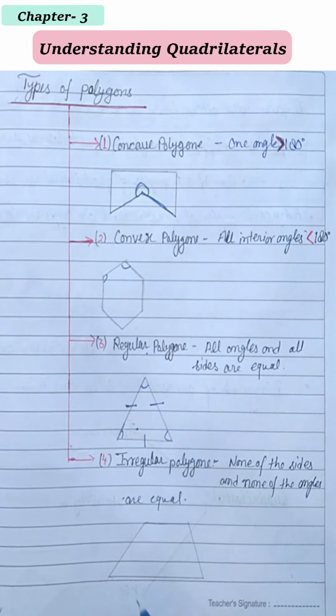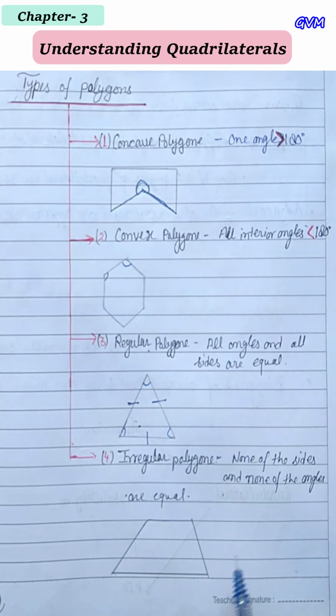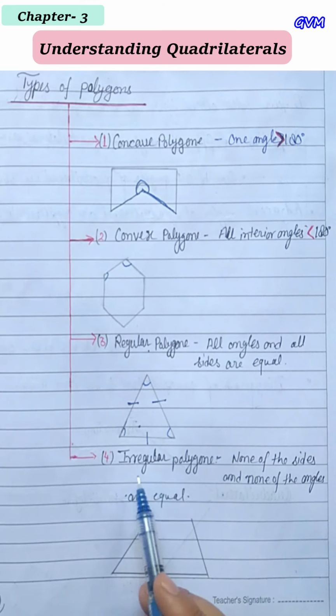No angle and no side will be equal. Like here, if we have this 4-sided closed figure, that is a quadrilateral, and in this quadrilateral none of the sides are equal with each other and also the angles are different from each other. Okay, so this type of polygon will be called an irregular polygon.